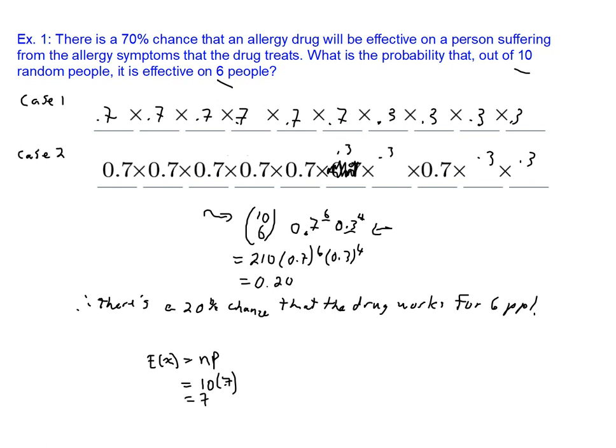So in the long run, you would expect that 7 people would have... Oh, hang on. I was just looking here because my numbers don't seem quite right. Oh no, they're okay. On average, 7 people should expect to have the medication work for them.